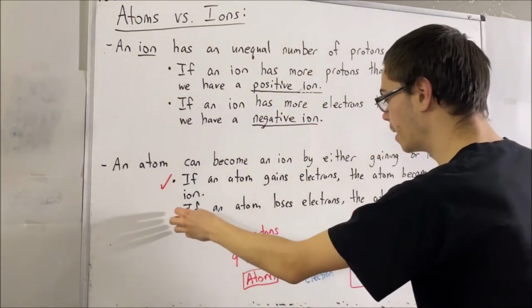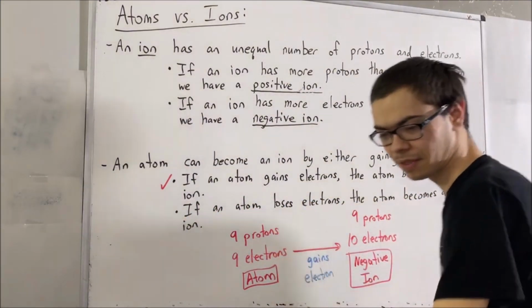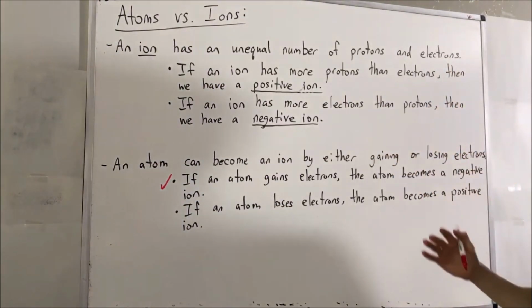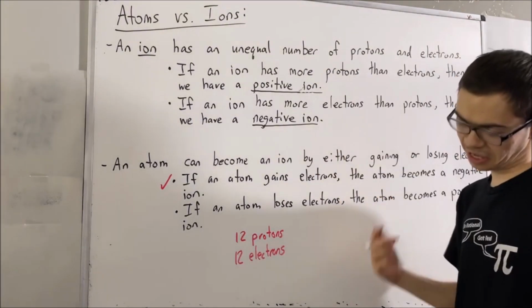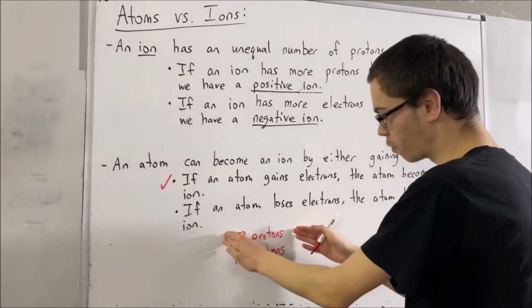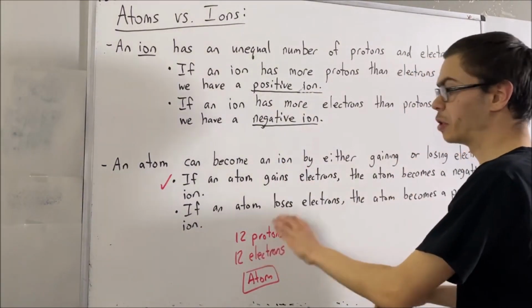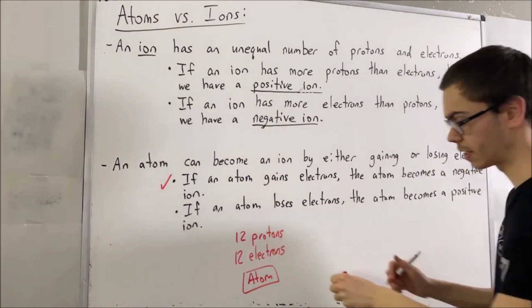Now, to see why the second bullet is true, let's again suppose that we have an atom. And let's say in this case, our atom has 12 protons and 12 electrons. Again, it's an atom because we have an equal number of protons and electrons. Now let's say that we lose 2 electrons.